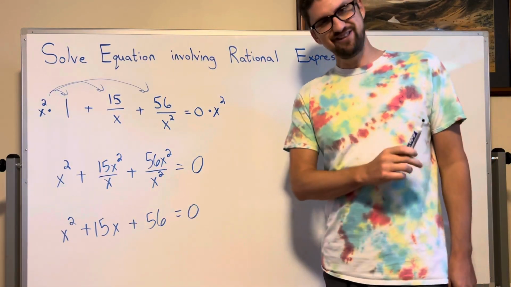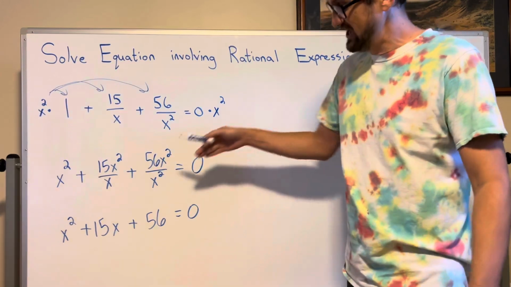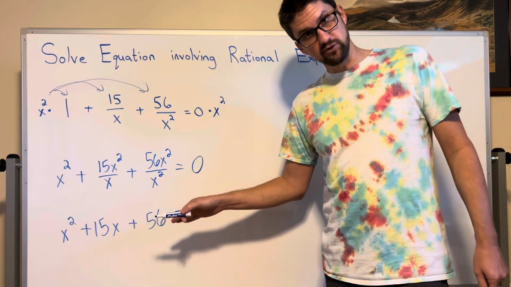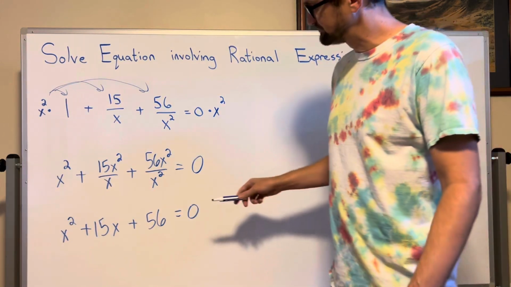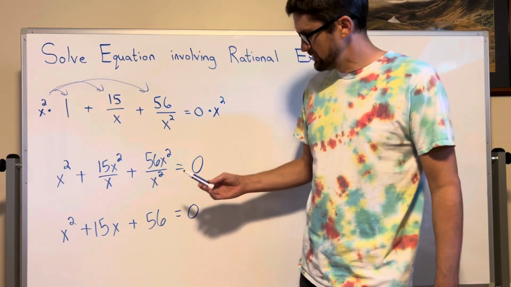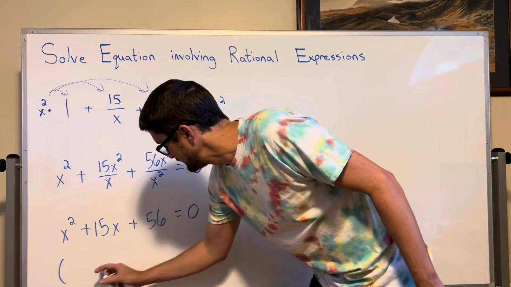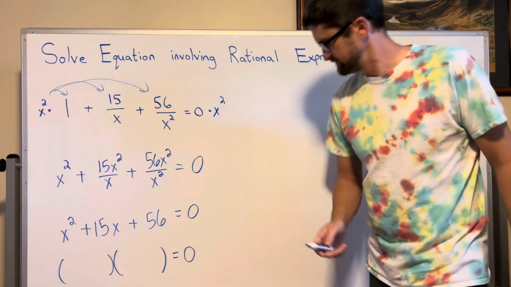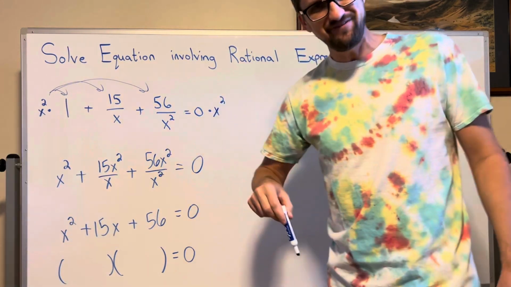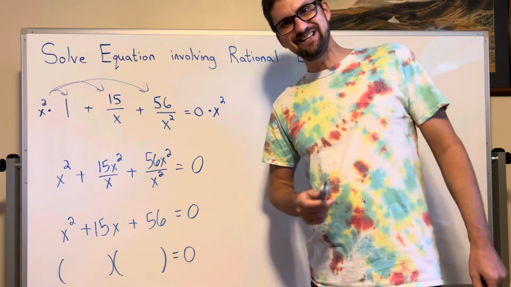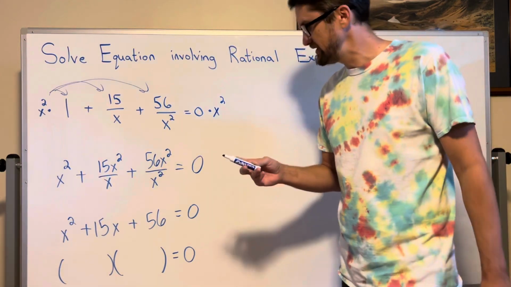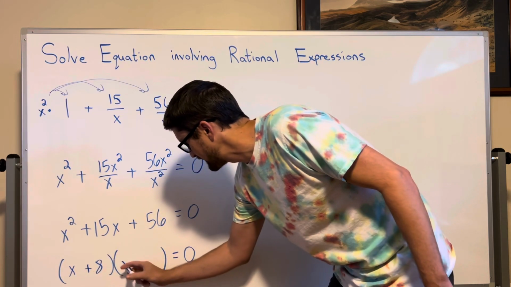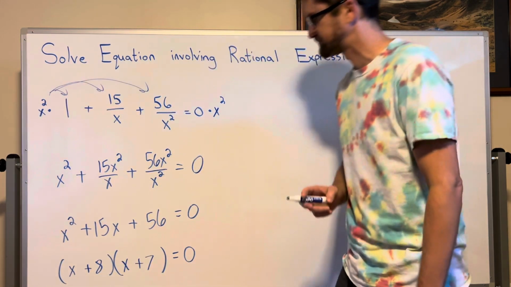Now to be able to solve this, realize that it's quadratic, and we can actually solve this one by factoring it, because this is going to factor into two binomials. You need to think of two numbers that multiply to 56 but add to 15. That's 8 and 7. So this is going to be x plus 8, x plus 7.